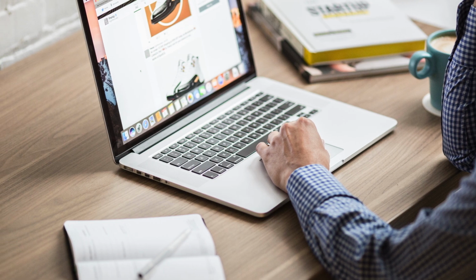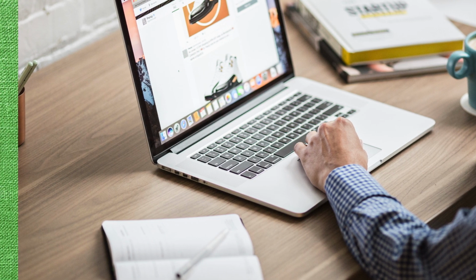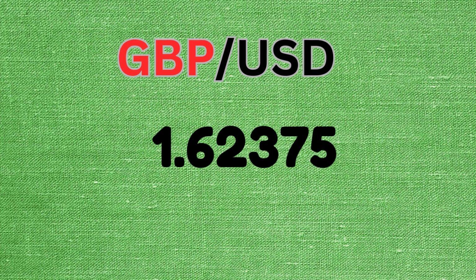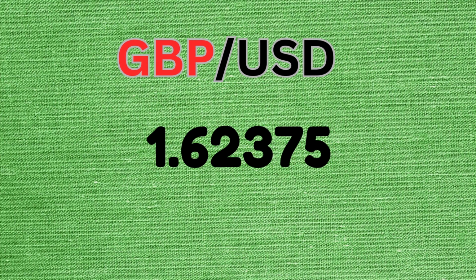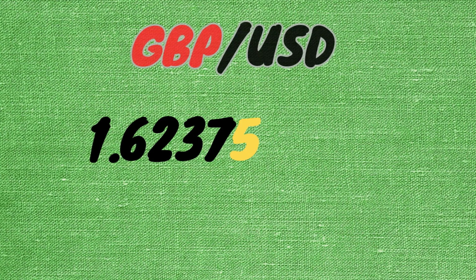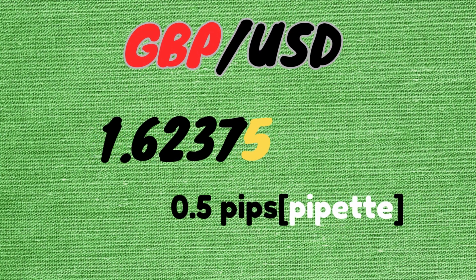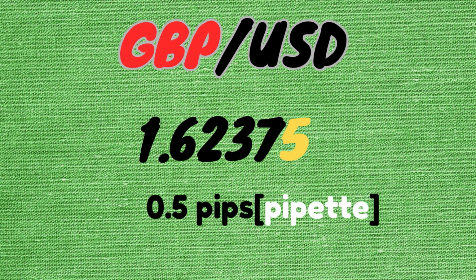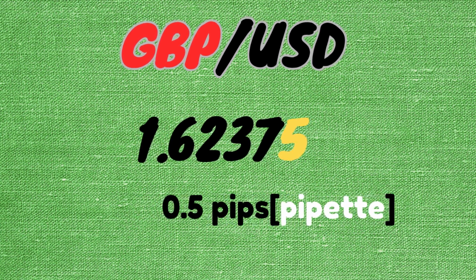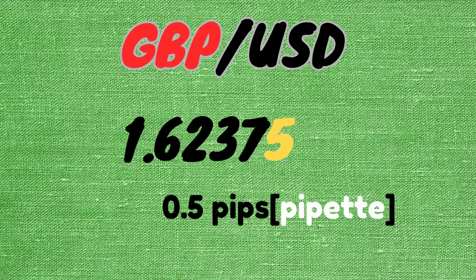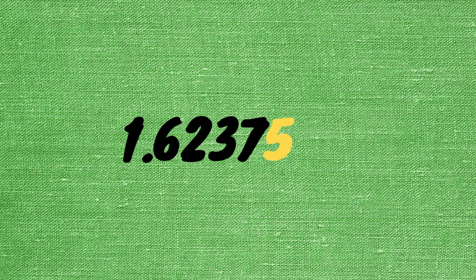Now I'm going to show you how to read a quote. So let's just use GBP/USD, which is 1.62375. The 5 is equal to 0.5 pips, meaning it's a tenth of a pip, and the 5 is also called a pipette.